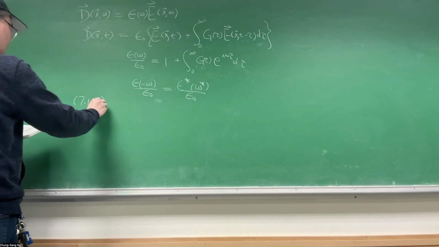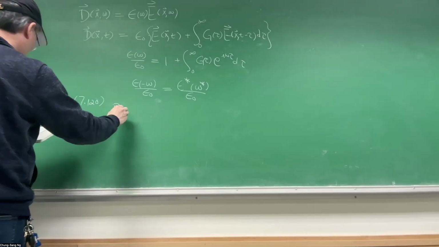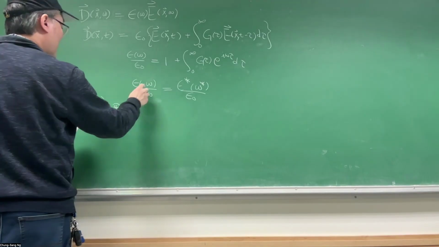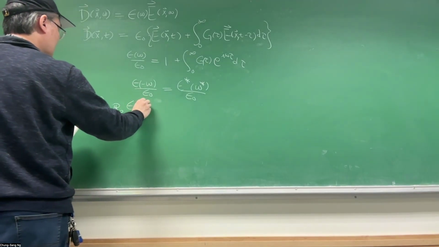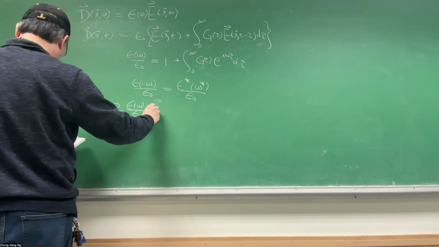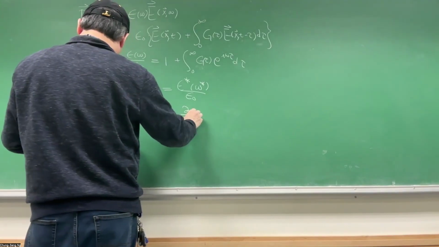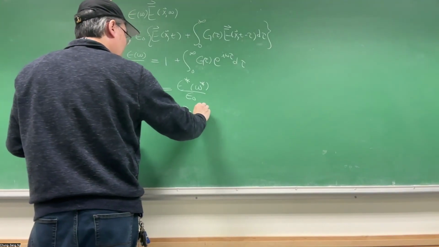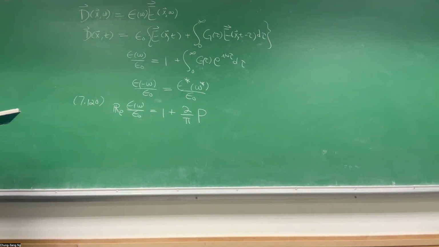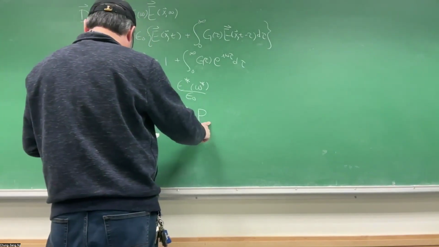Then you write down the relations, just to discuss the physical meaning. So the real part of this function epsilon of omega is equal to 1 plus 2 over pi, and then there's a P. This is not a constant, this is not a variable, this is a symbol, an operation.